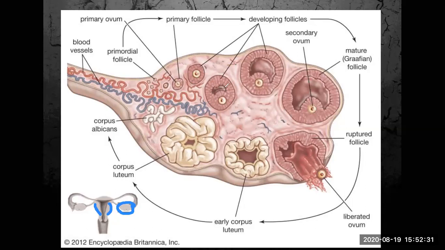But here I'm just giving you a brief of how these hormones are working on the system. You can see these rounded bodies. These are different developing follicles, and this is the ovum. You can see the primary oocyte. This structure finally forms the ovum, and this ovum is released.